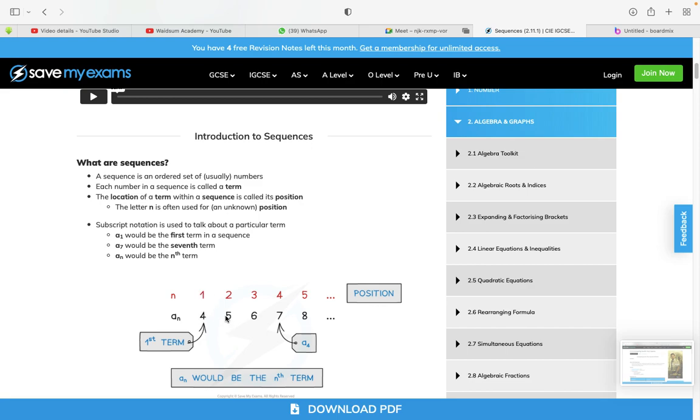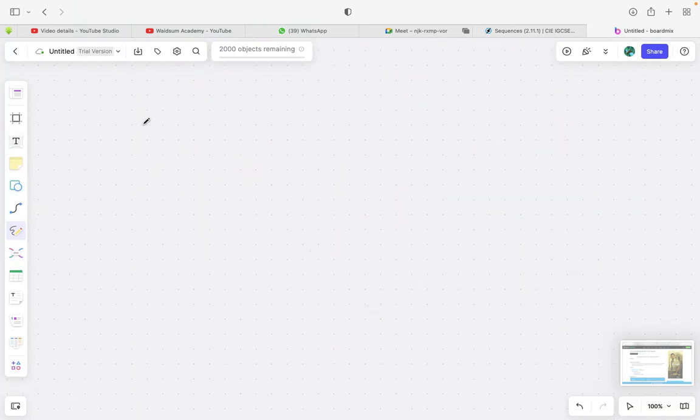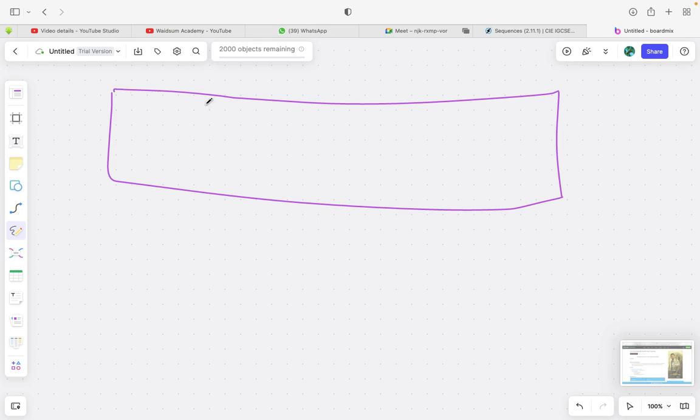If you're in the second place, position 2. Third place, position 3. Fourth place, position 4, and so on. So if you're given a sequence, you can draw a table between term and position.